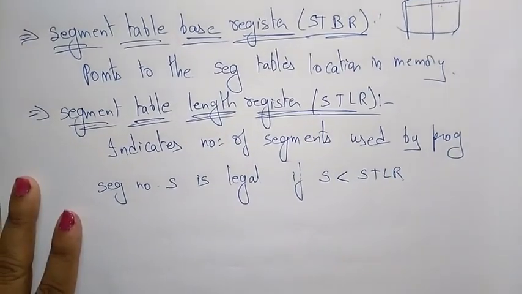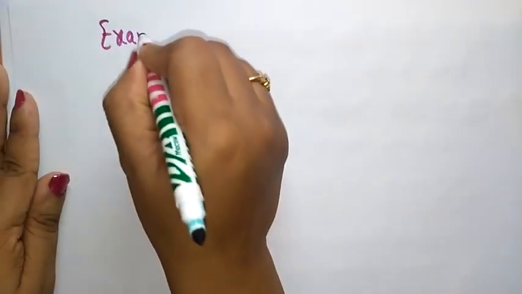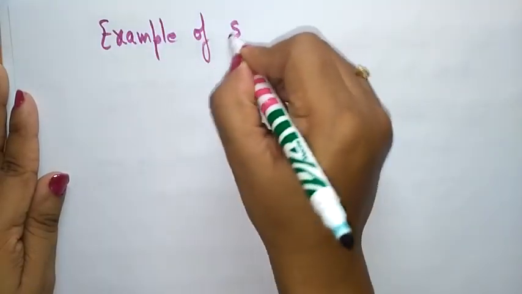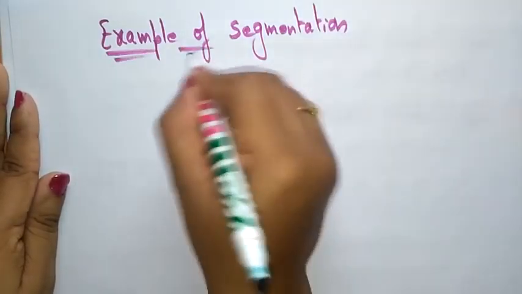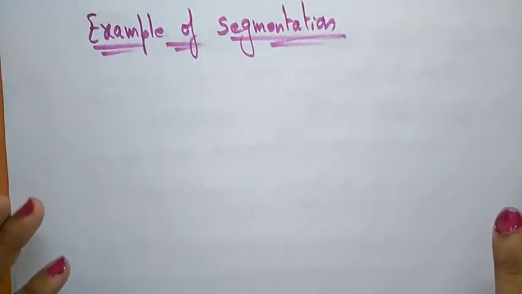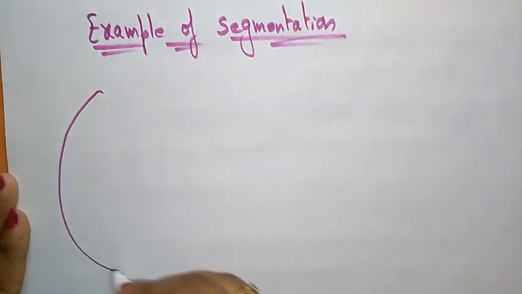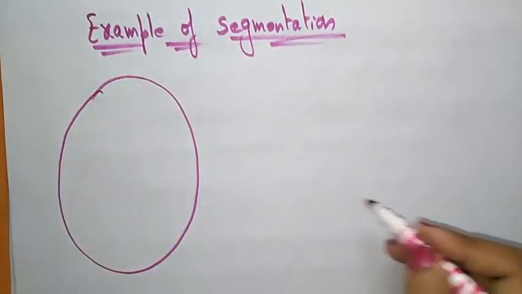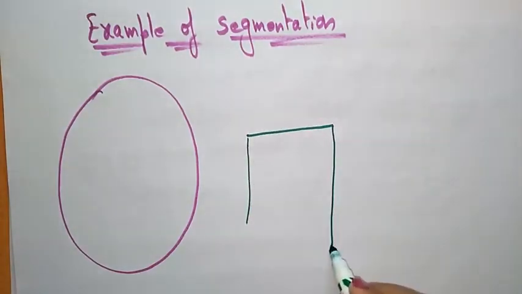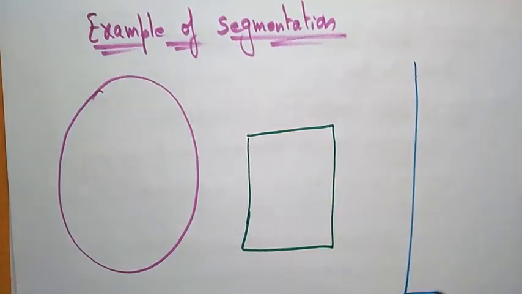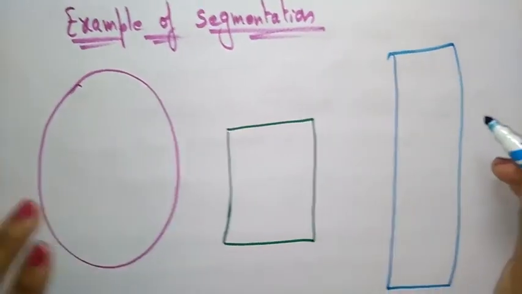Okay. Now let us see an example of segmentation. Let us take this as the user space, and here you have the segment table, and here you have the physical memory.